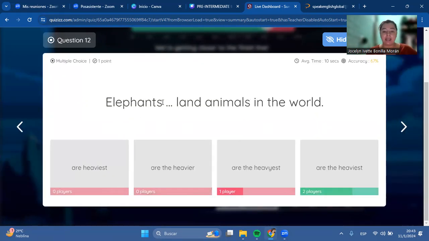Elephants are the heaviest land animals in the world. So pay attention to this ending. Remember that we need to take off the Y and we need to replace it for I.